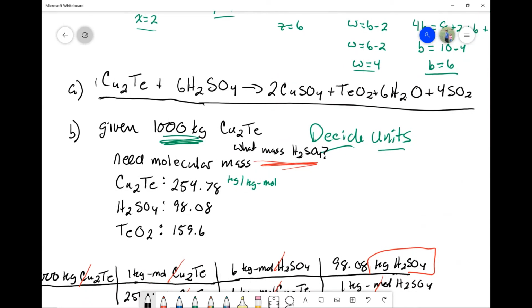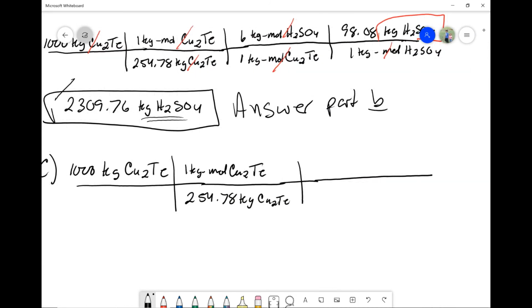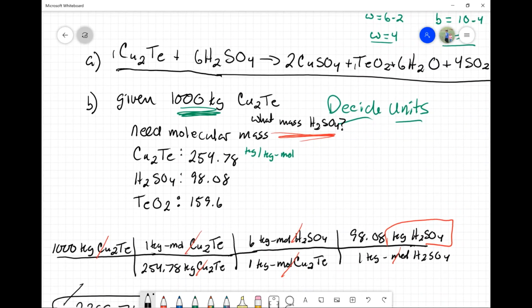So there is 1 kilogram mole, and we asked for tellurium dioxide, right?